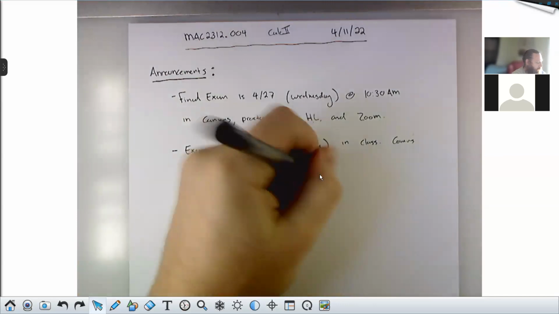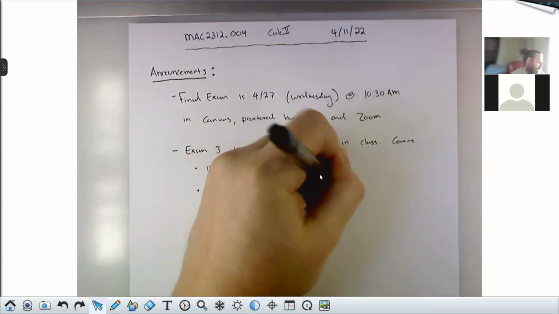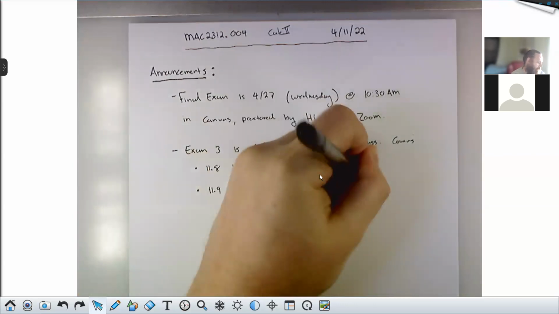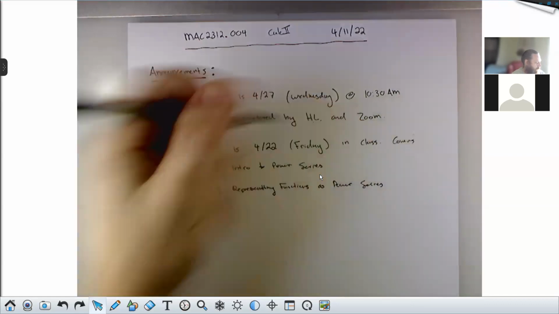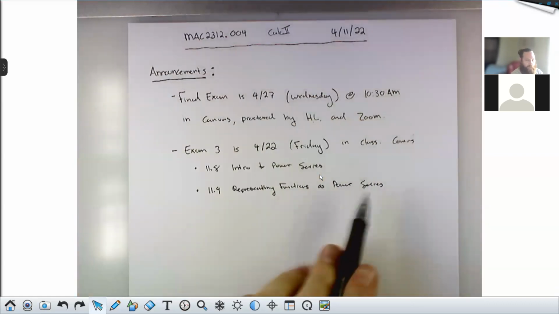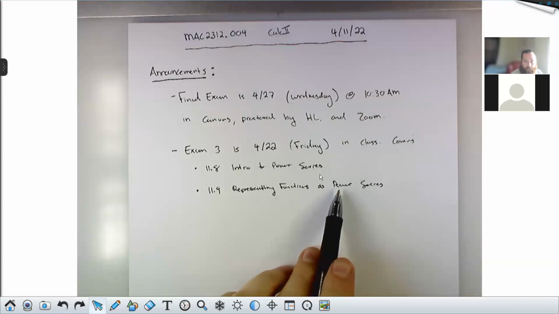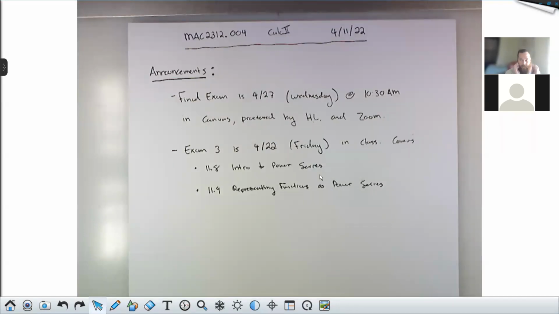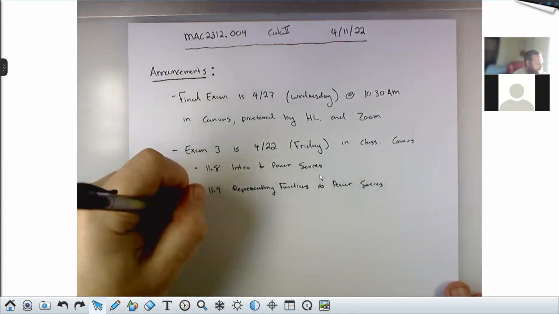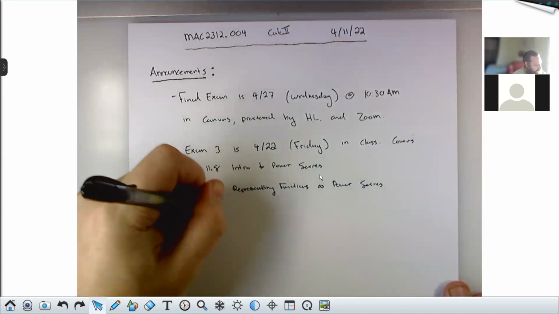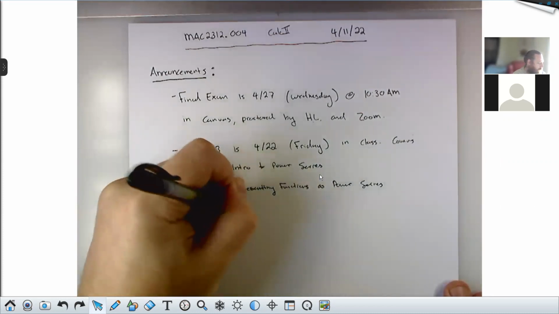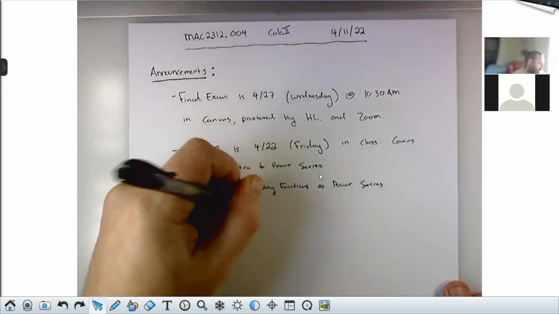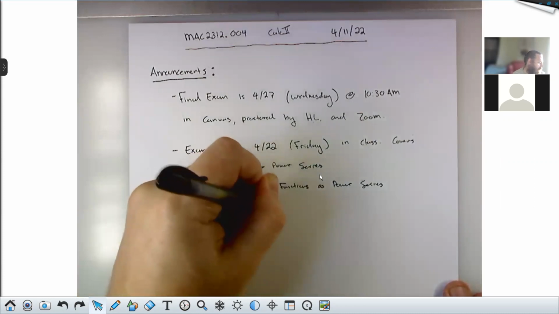So 11.9, representing functions as power series. This is where we integrated and differentiated power series. This is where we used that geometric series trick a whole lot, plugging in different things for the common ratio. And there's 11.10, which is on Taylor or Maclaurin series.